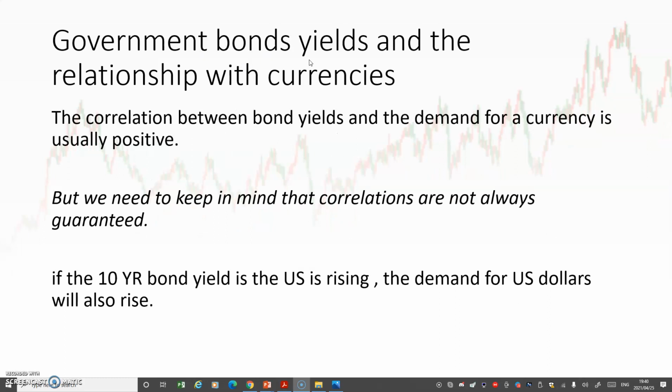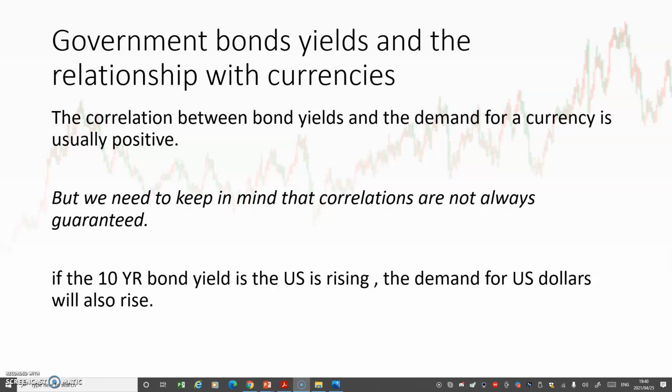So basically, government bond yields and the relationship with currencies. If you see the 10-year bond yield is rising, the demand for the dollar will rise as well. This basically means if you have an investment in the 10-year bonds and the yields are rising, you'll be making more money. This will also obviously increase foreign investment or capital inflow into the country.